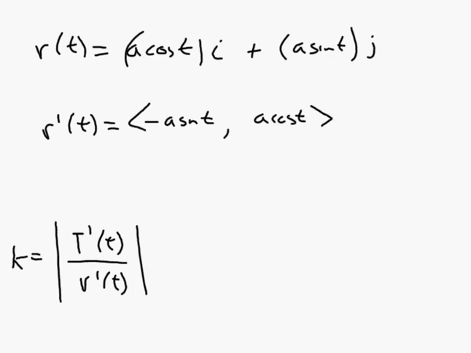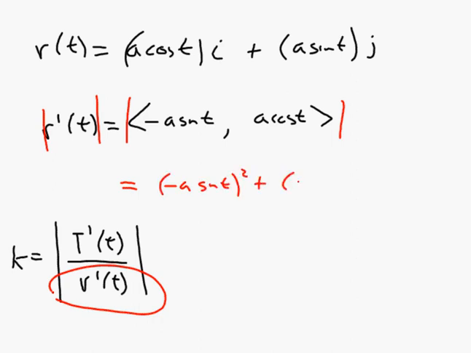Okay, and we might as well go and get the denominator of this thing right away. We need the norm of r prime of t. Okay, so the norm of this thing would be everything squared, added together, and then the square root. So it's going to end up being the square root of negative a sine t quantity squared plus a cosine t quantity squared.